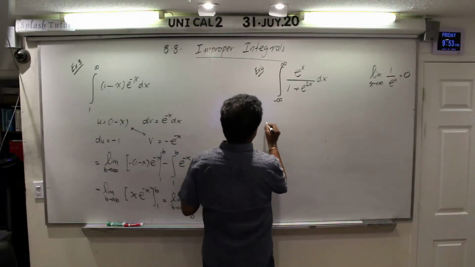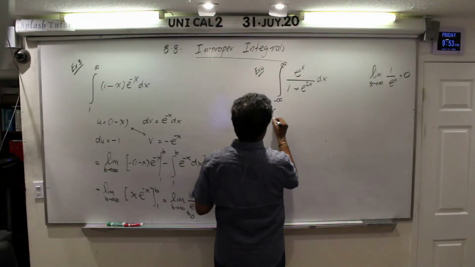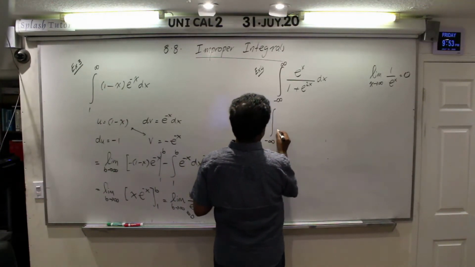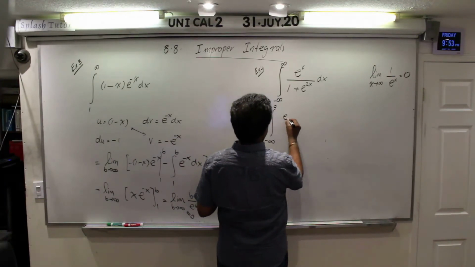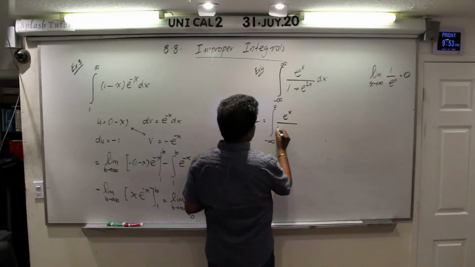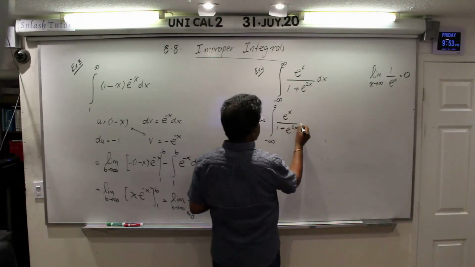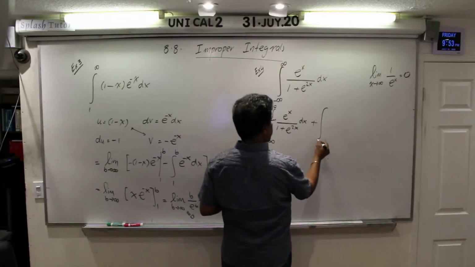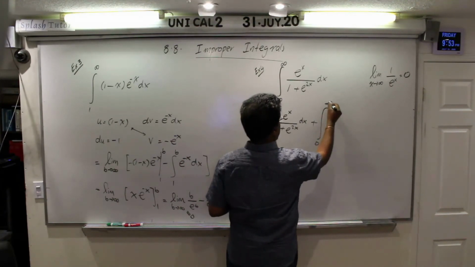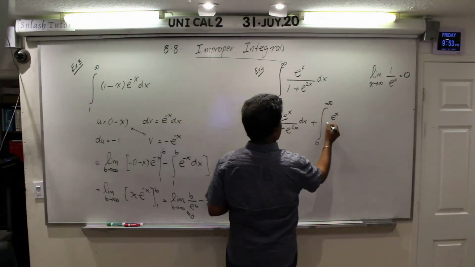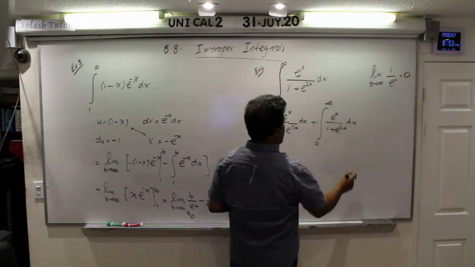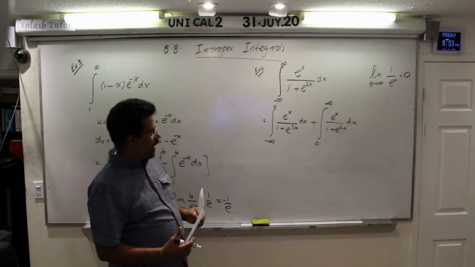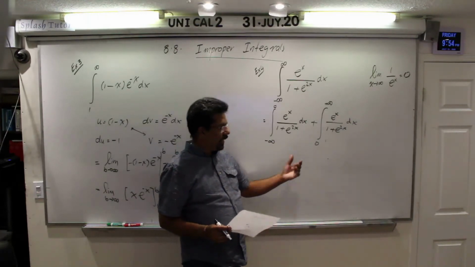So this equals the integral from minus infinity to 0 of e to the power x over 1 plus e to the power 2x dx plus the integral from 0 to plus infinity of e to the power x over 1 plus e to the power 2x dx. So we can split into two, right? Now we can do this one separately.